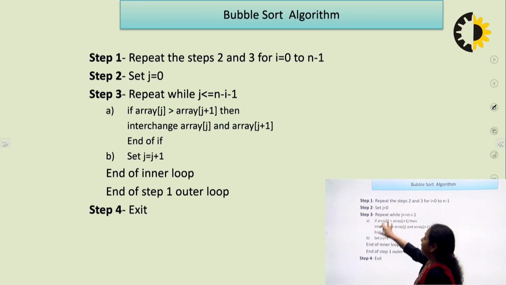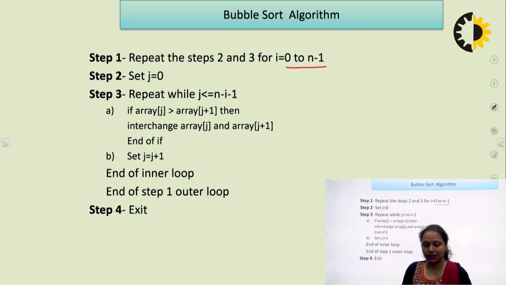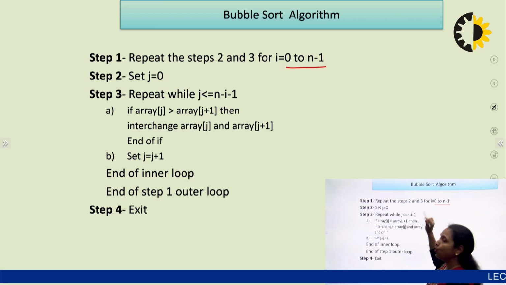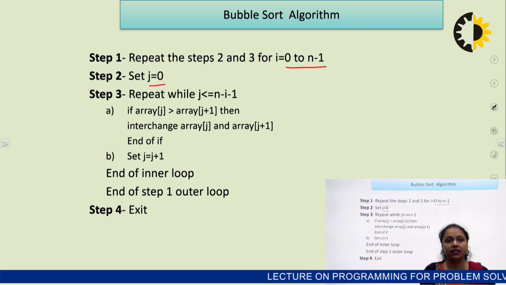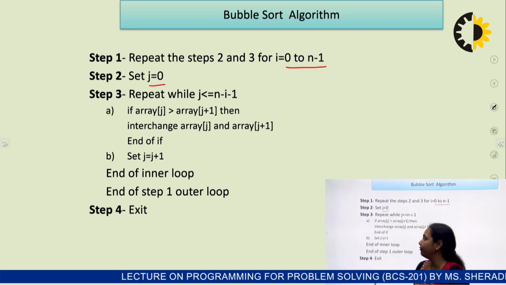So we have written here to repeat steps 2 and 3 for 0 to n minus 1, that is, we are starting from 0 till n minus 1. So a total of n iterations will be done, and inside those n iterations we are comparing the adjacent elements, shifting one step ahead every time.